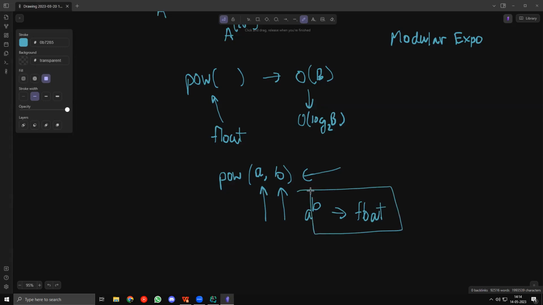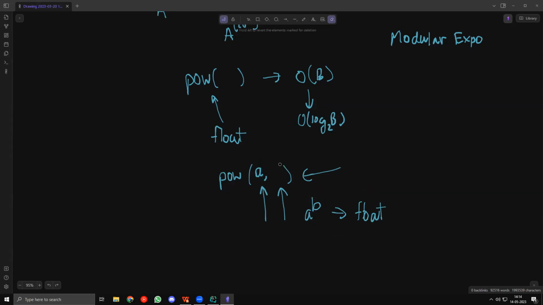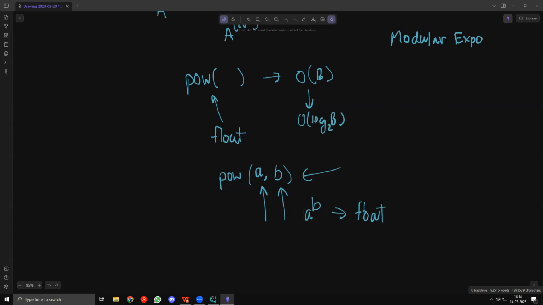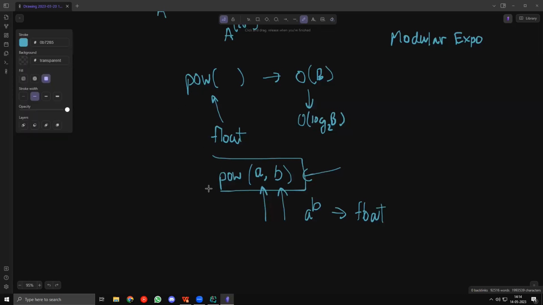And if a to the power of b is a float, then there are going to be precision errors. Generally, if you use float where an integer should be used, you are going to get some precision errors. So never ever use this power function, because it's just bad in every single way.